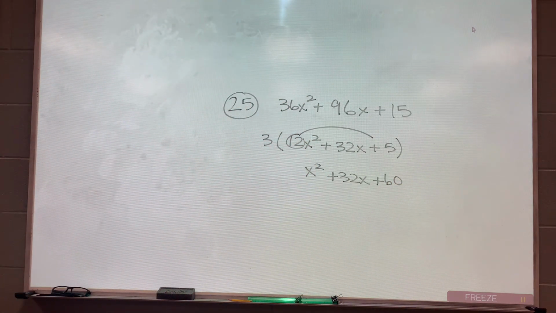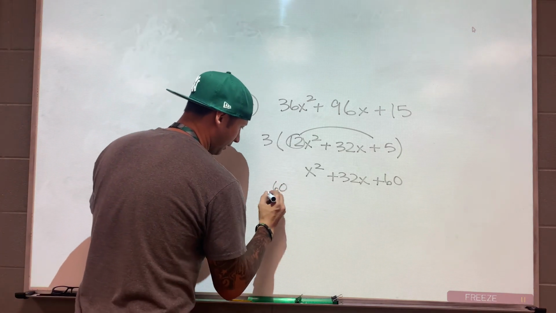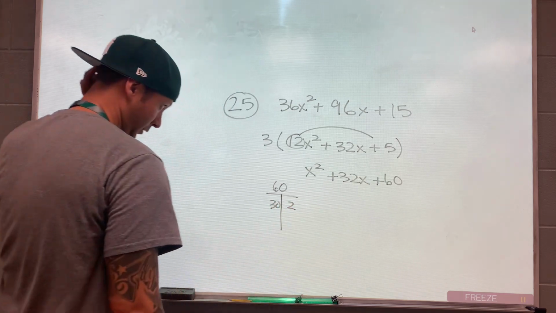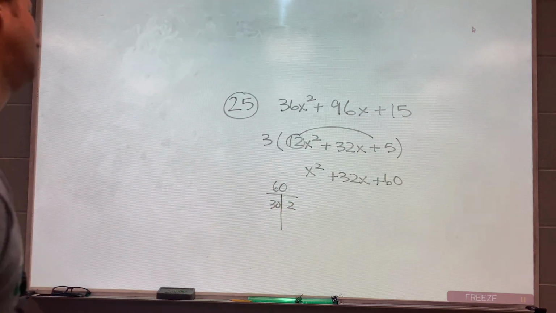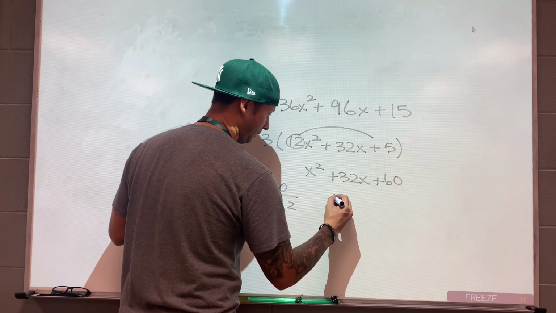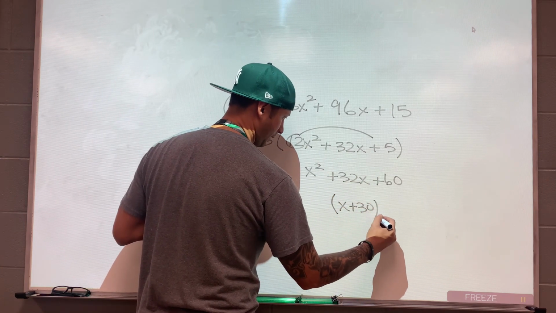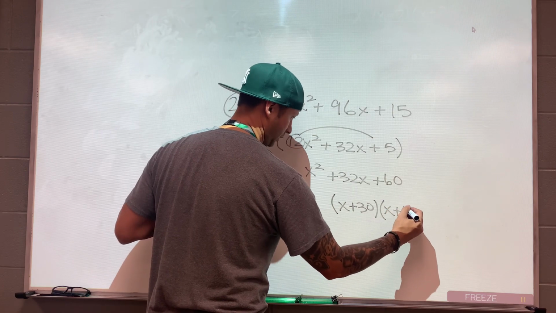All right, can we figure out at a glance? 60, 32, 30 times 2. Hey, 30 times 2. So 60, right? So they're all positive. x plus 30, x plus 2.